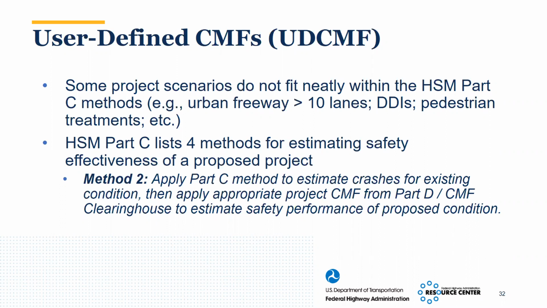Method 1 would be when everything fits nicely within the Part C methods, so you just apply those methods, and that's always preferable. That's the best case. But if that's not possible, if you have an urban freeway that's 12 lanes, or you have pedestrian countermeasures that are not in the models, then the next step would be to look for crash modification factors that would help to account for the things that are not represented in the Part C models.